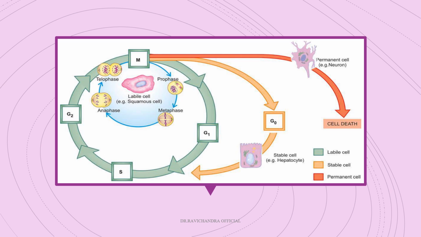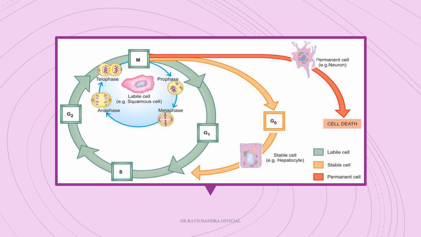Stable cells will divide up to a certain extent, whereas permanent cells will not be regenerated once they are damaged. Example for a labile cell is squamous cell, example for a stable cell is hepatocyte, and example for a permanent cell is neuron.